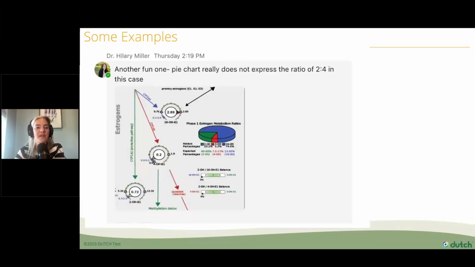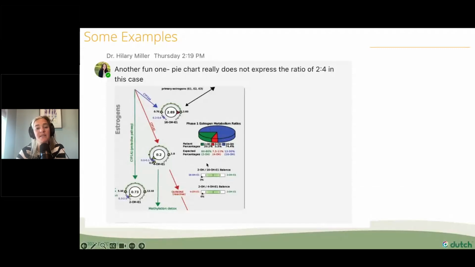This is another really great example. The team lovingly calls these blueberry pies, which I think is the funniest word in the whole world. You see this sometimes where people have a very strong preference to 16-hydroxy E1. And when this happens, it can obscure the relationship between 2 and 4. So you would expect with this, oh yeah, they definitely have a 16 preference, and you can see that here.